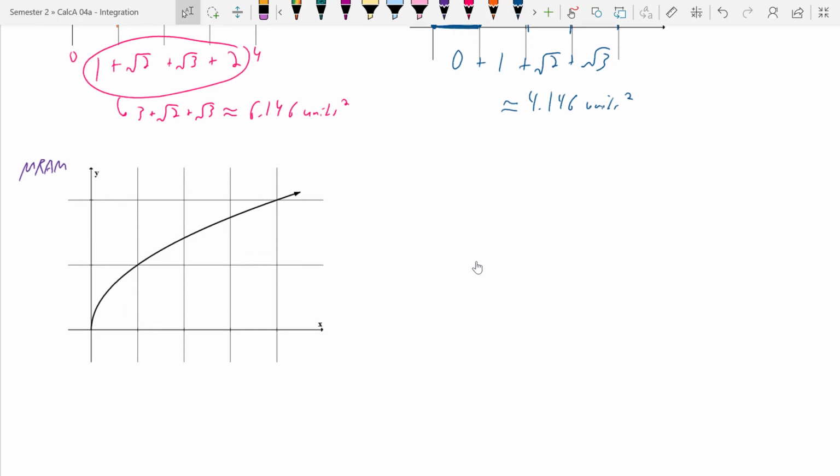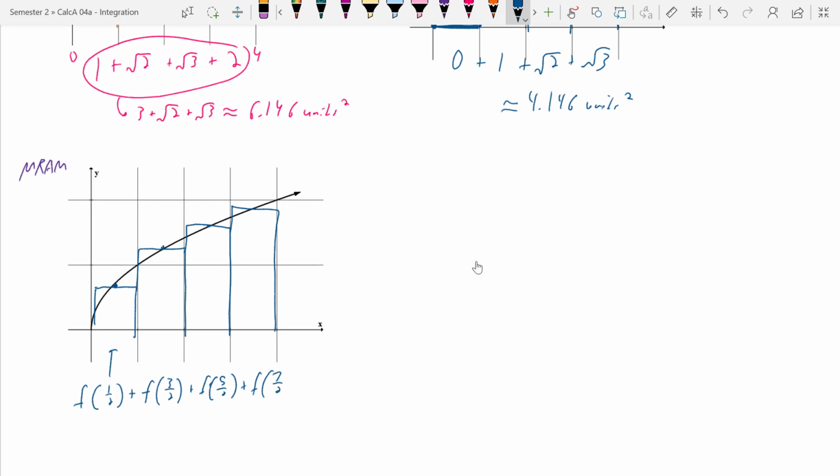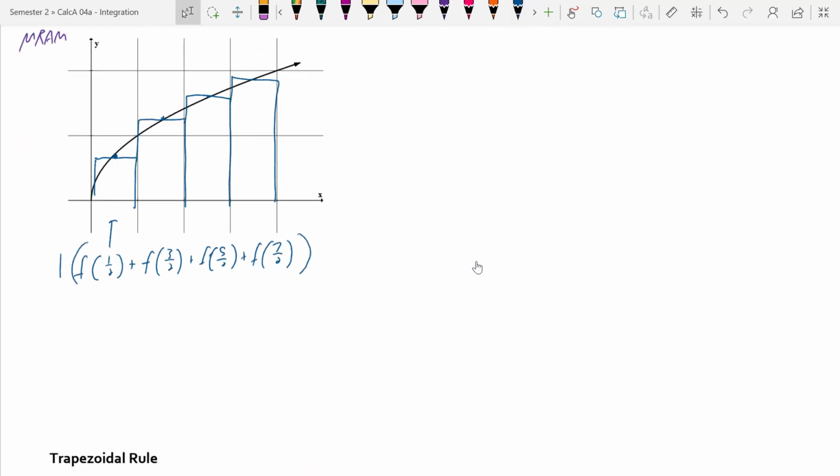Okay, lastly, MRAM is to take the middle values. This one's a little bit more difficult to compute. So I'm going to do the middle of these, and so we get this, this, this, and this, and it's the middle x value. So my function value right here is f of 1/2 plus f of 3/2 plus f of 5/2 plus f of 7/2, and each of those is multiplied by the width of the rectangle, which is just 1, if I'm adding up all the areas.